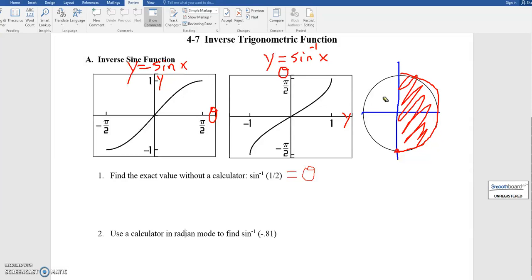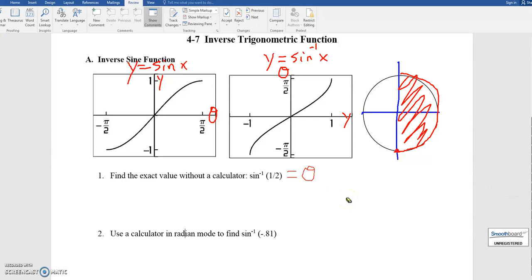So I could say this equals x or equals y, but I'm going to say it equals theta because I know inverse sine, the output up on our graph here, is an angle measure. I want to know the angle measure from the first or the fourth quadrant that will produce this.